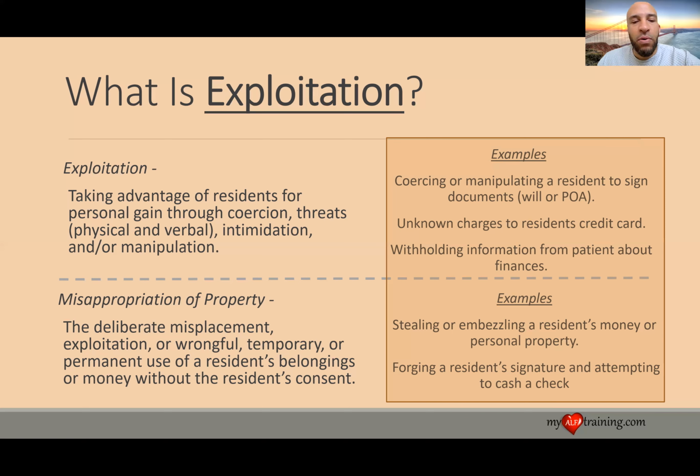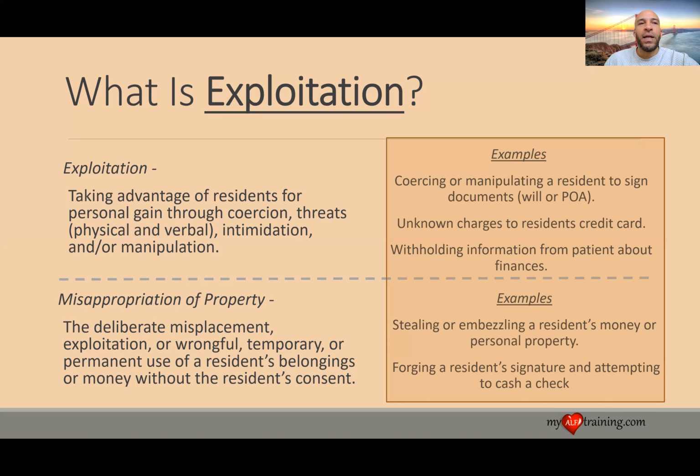And misappropriation of property falls under exploitation, but its specific definition is a deliberate misplacement, exploitation, or wrongful temporary or permanent use of a resident's belongings or money without the resident's consent. So this would be if your resident is living in the facility and they're unable to drive a car, but they have a car and they're telling you that someone is using their car, that they don't want to use the car.